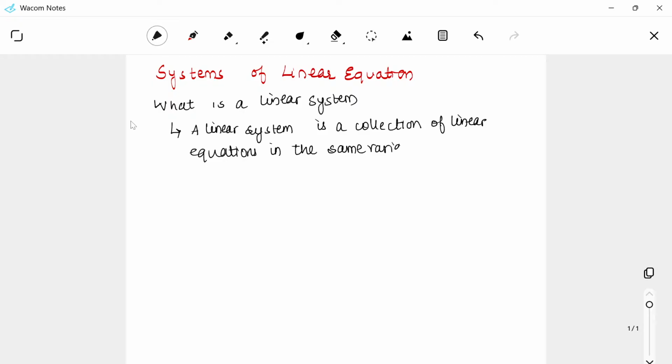Okay, now if we take an example: 2x1 minus 3x2 plus x3 equals 6 and x1 plus 4x2 plus 2x3 equals 5.